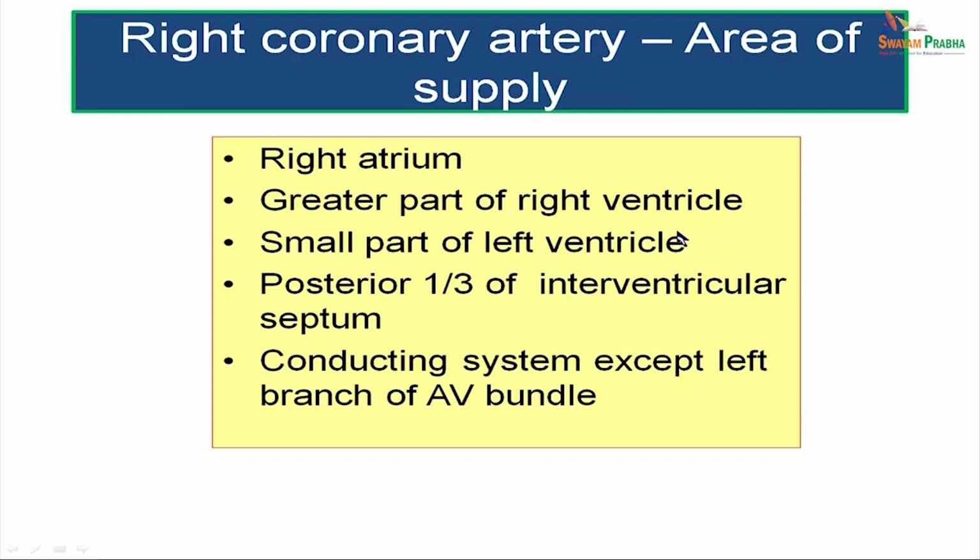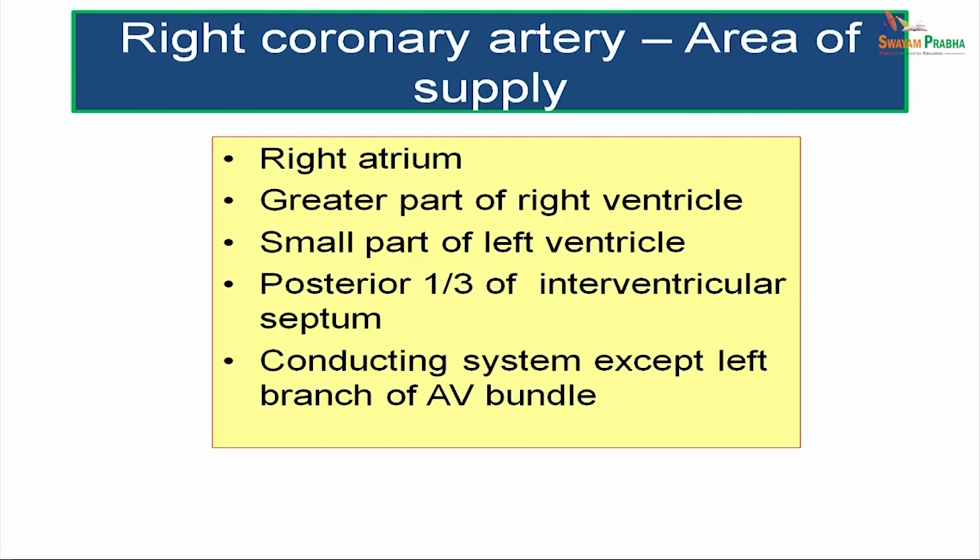A small part of the left ventricle, where do you think it is going to supply a part of left ventricle? It has to be adjacent to the posterior interventricular groove. So, we know posterior interventricular artery in 90% of the individuals is going to arise from the right coronary. So, posterior interventricular artery is going to supply a small part of the left ventricle adjoining the posterior interventricular groove.